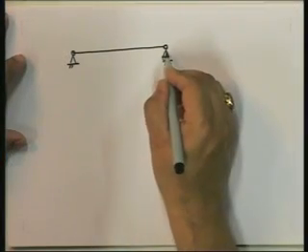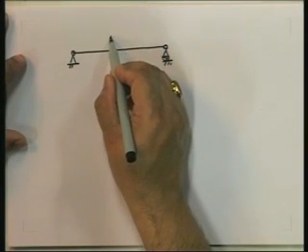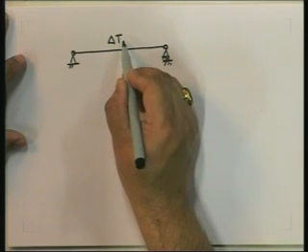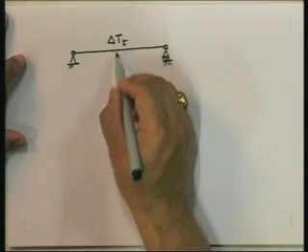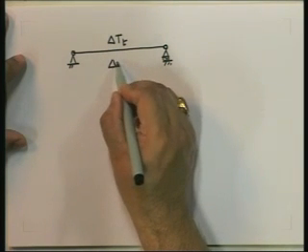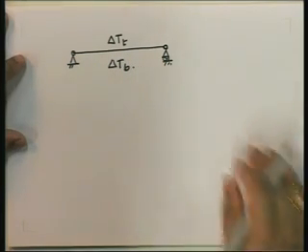If it does, all it means is that there is an axial deformation in the member, and that's all there is to it. I'm not going to go into the details of that right now. So let us consider the situation where the top fiber has delta T top, and the bottom fiber has delta T bottom.